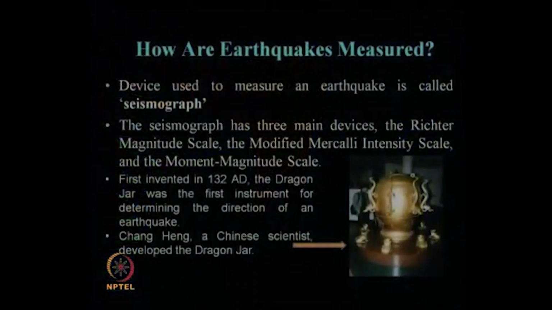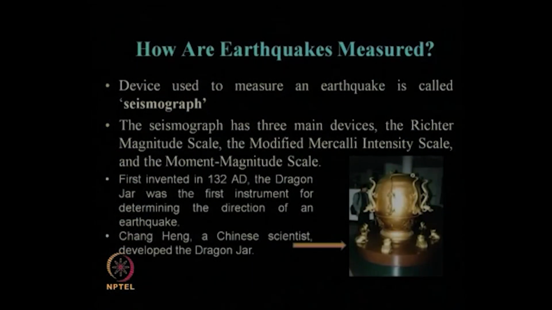Now, let us look at how these earthquakes are measured. We have already seen that the device which is used to measure an earthquake is called a seismograph. That is, the instrument which measures the earthquake is known as a seismograph.